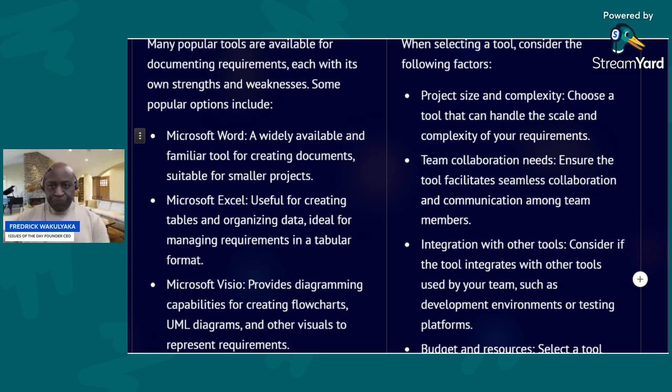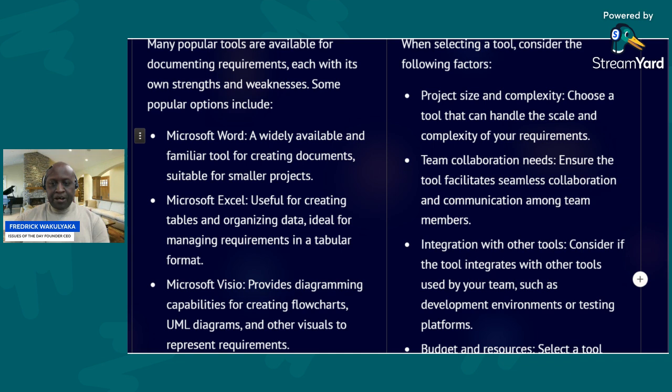When selecting a tool, consider the following factors: project size and complexity. Choose a tool that can handle the scale and complexity of your requirements. Team collaboration needs. Ensure the tool facilitates seamless collaboration and communication among team members. Integration with other tools.